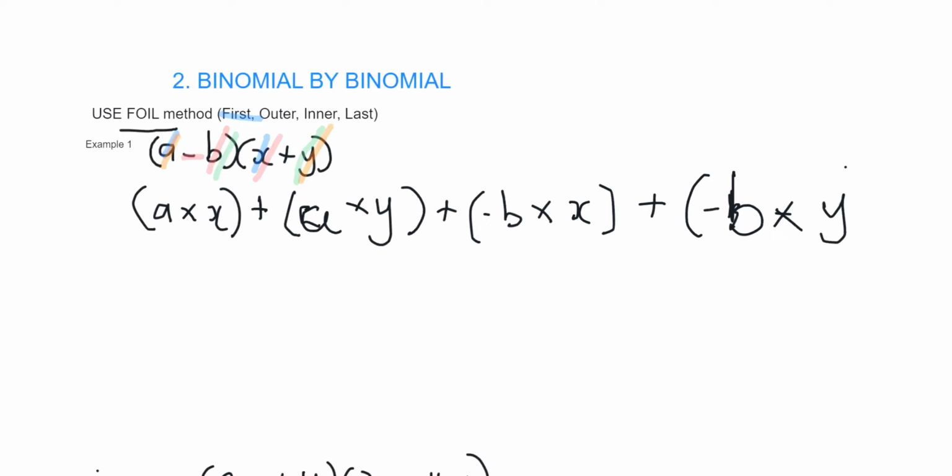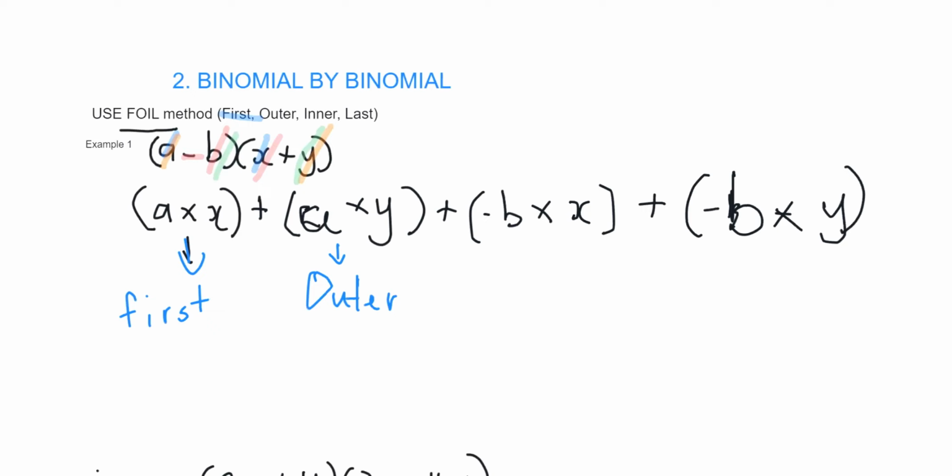So in terms of the representation of our FOIL, this is going to be our first. This one represents the first, and this other one represents our outer.